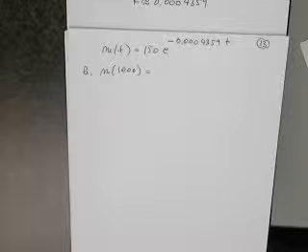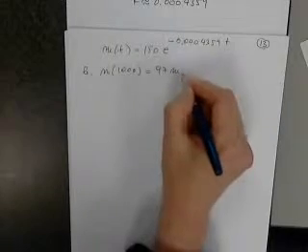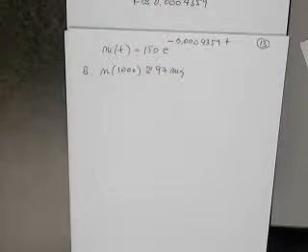Minus, and I just recalled the previous answer. And I multiply it by 1,000. And close. So roughly 97 milligrams. So in 1,000 years, the 150 decays to 97.